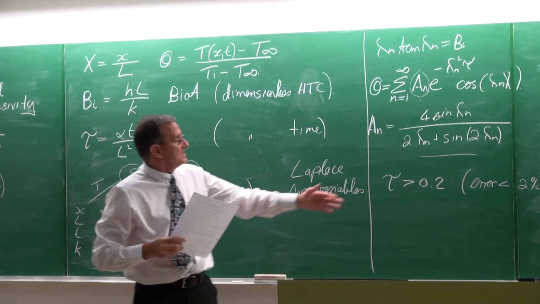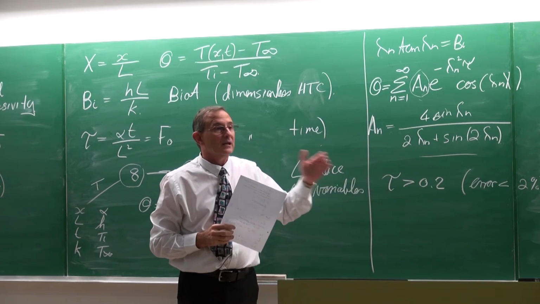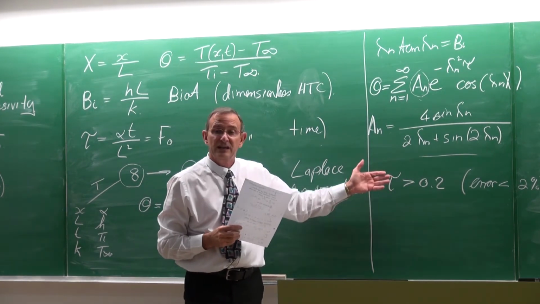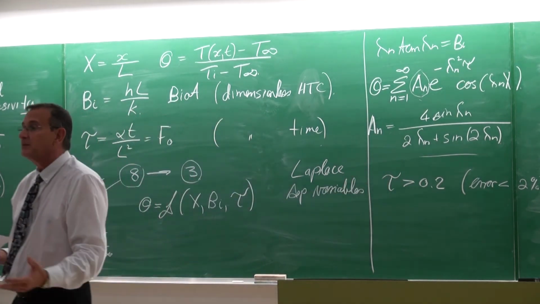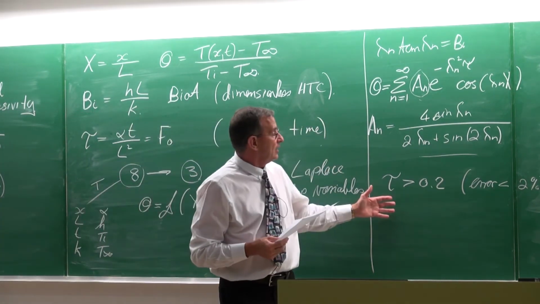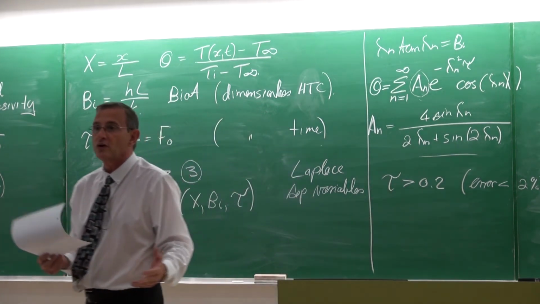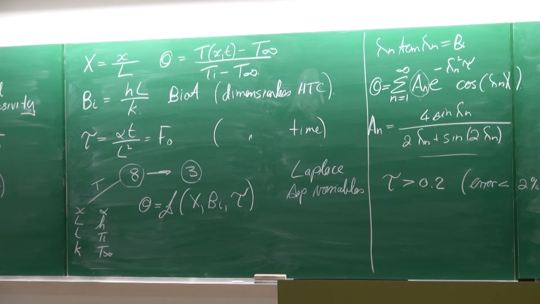So if the time is given to us, we can calculate tau and check it. In other cases, it is not given, and that is maybe what is asked. Then you make the assumption that that is the case. You do the calculation, you calculate tau, and then you check if it is smaller or larger than 0.2.